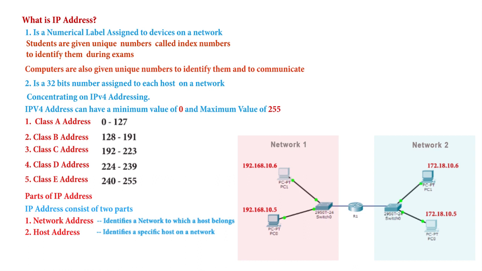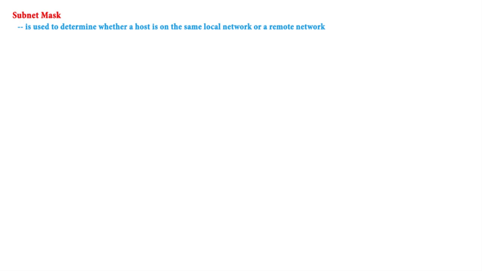Now, let's see how an IP address is split apart into network address and host address. To do this, we use what is called a subnet mask. A subnet mask is used to determine whether a host is on the local network or on a remote network. In TCP/IP, the parts of the IP address used as the network address and host address are not fixed.